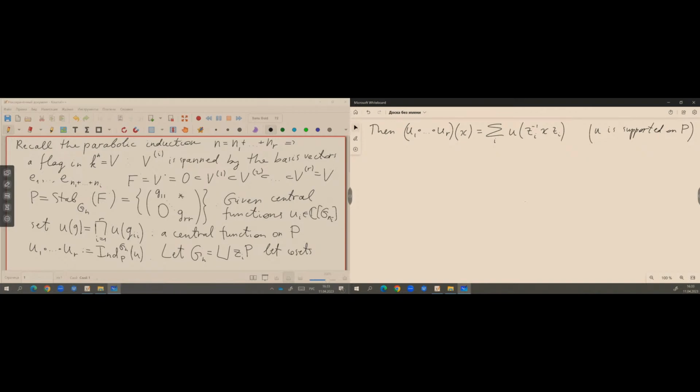Okay. So note that this conjugation z_i inverse x z_i lies in P, in the support of this function, if and only if x preserves the shifted flag z_i F. Okay, here's our flag.